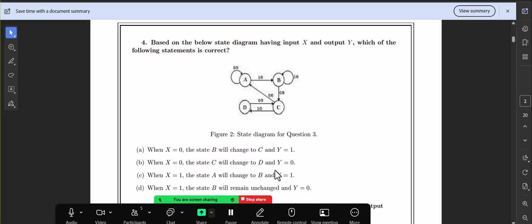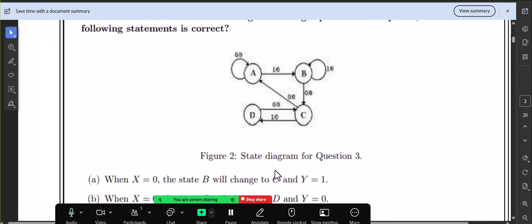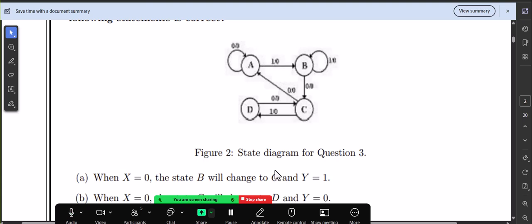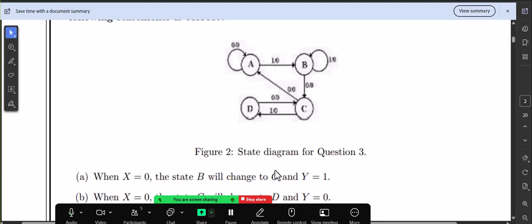All right. Based on the below state diagram having input X and output Y, it's hard to read these, and so I'm assuming the way this is drawn is that the input is the first bit and the output is the second bit.